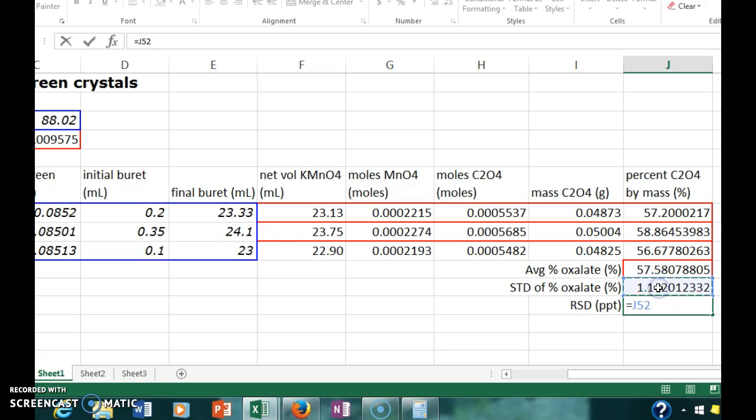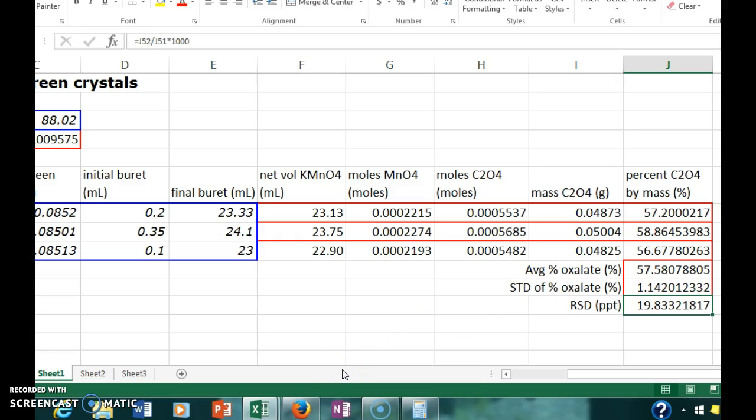So I'm explaining it to you. This is in parts per thousand. So if it was a percentage, we'd multiply by 100, but it's parts per thousand, so multiply by 1,000. So I just made these numbers up. This is a little bit high. Usually less than 15 for RSD is great. But that should be all you need to do for your spreadsheet.